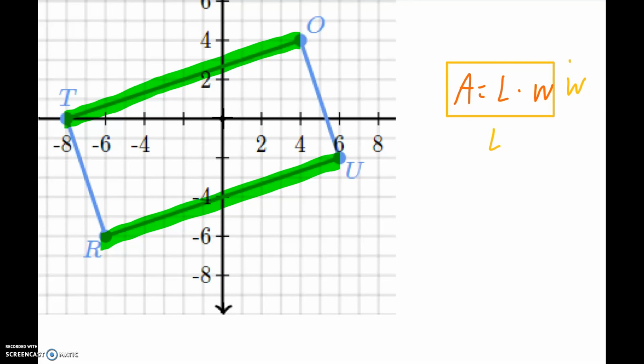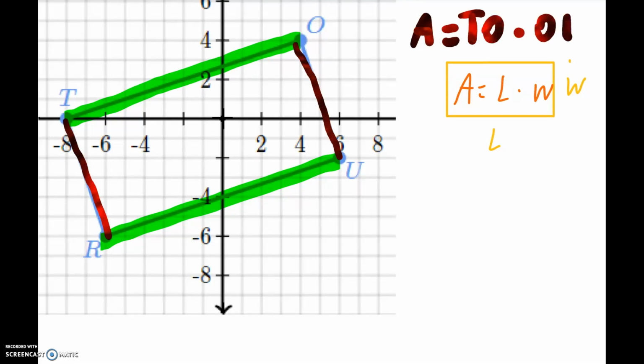In other words, OU and TR is going to be your width. So area is TO times OU, length times width.